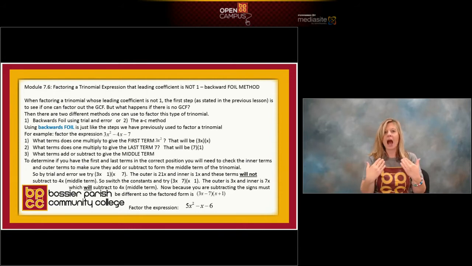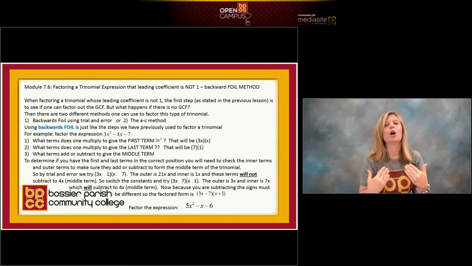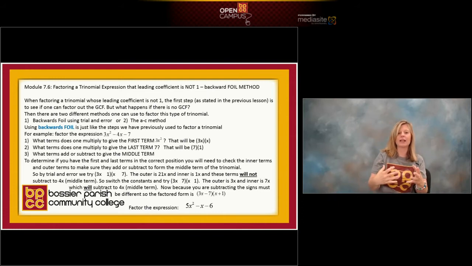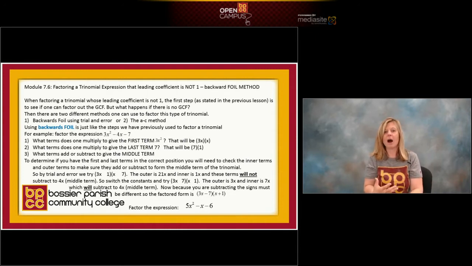The first way, the way I was taught to factor a difficult trinomial, was to use my brain. I use backwards FOIL, and it's by trial and error. Let me look at the example in our PowerPoint. I have 3x squared minus 4x minus 7. It has 3 terms, so we know it is a trinomial. My first gut reaction is, oh my, the x squared has a 3 in front of it.